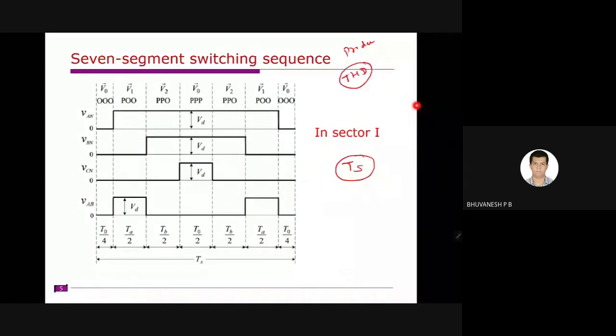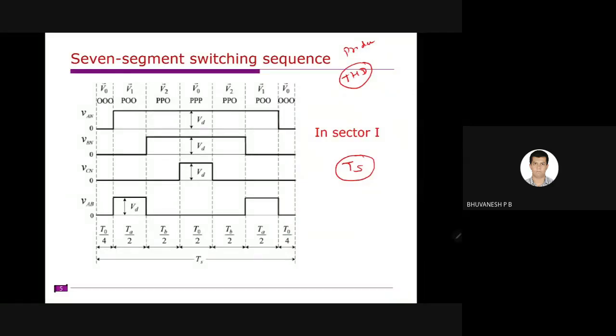There are several algorithms, more than 500 to 1000 algorithms implemented so far, right? Their objective is to increase the output voltage, reduce the switching losses, and improve the total harmonic distortion.